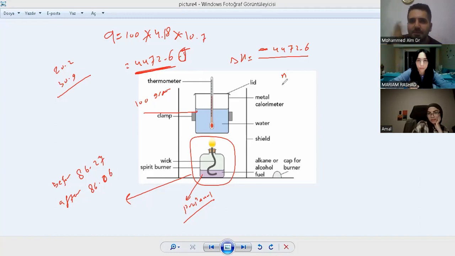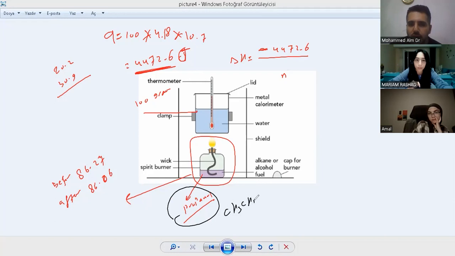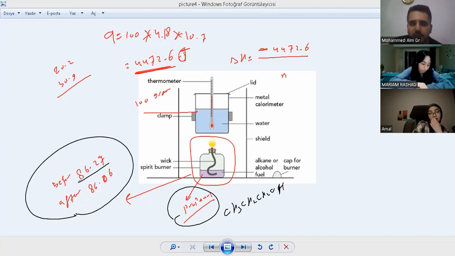Not water, mole of propanol. How many moles of propanol do we have? We have to subtract.